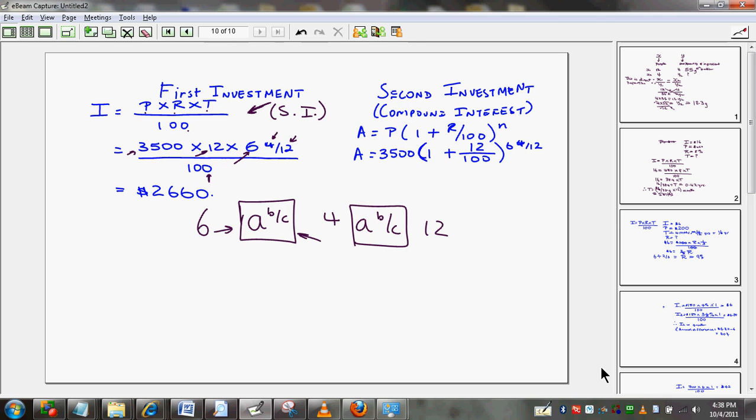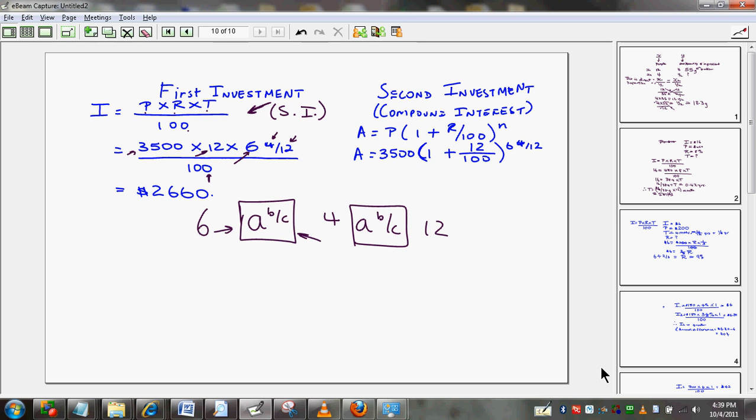That will give you 6 and 4 over 12. If you wanted, and you cancel it down, 4 into 4 is 1, 4 into 12 is 3, you could press 6, this button A b/c, 1, A b/c, 3. You press equal to, and then you press divide by 100.